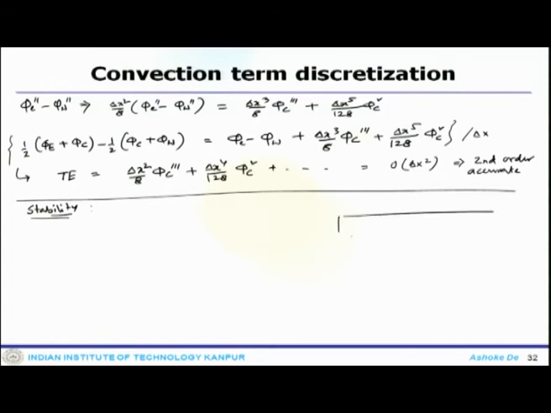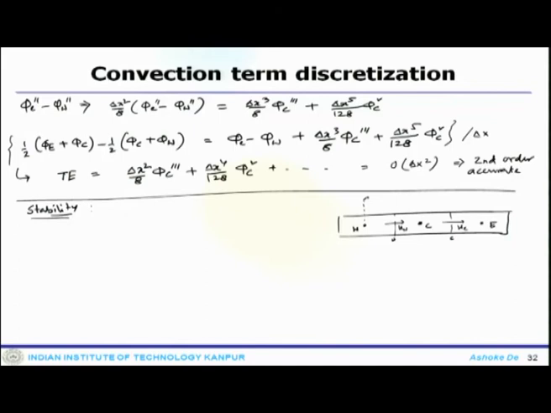For example, if one takes this kind of a stencil like this, C, east, west, so this is the W face, so this goes in this direction, this is UE, UW.